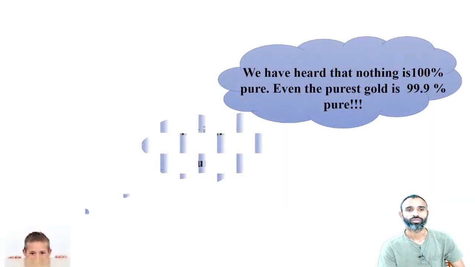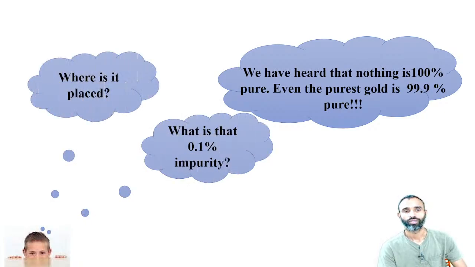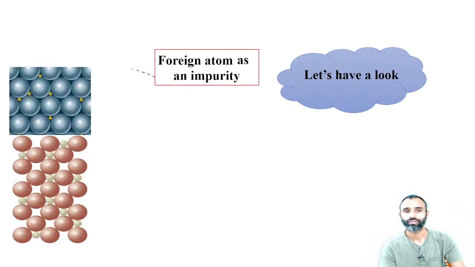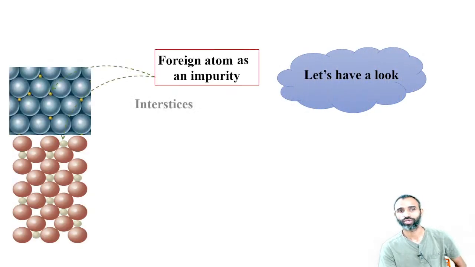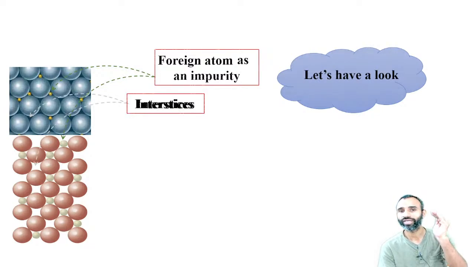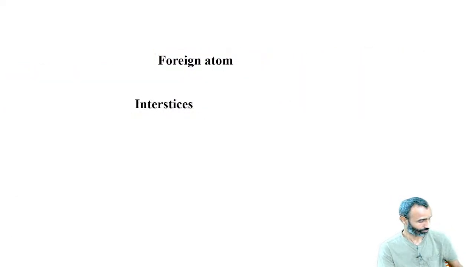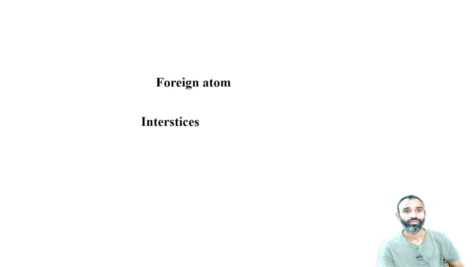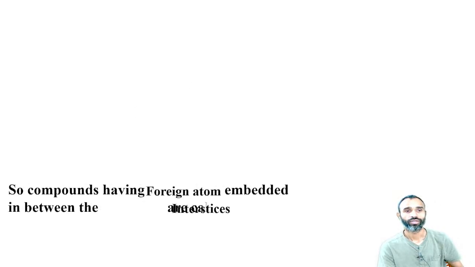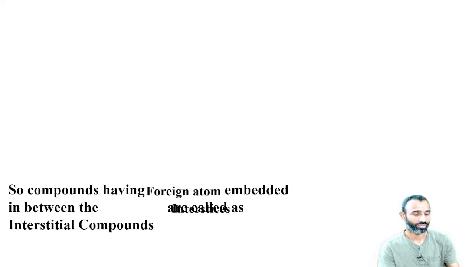Now formation of interstitial compounds. Nothing is 100% pure. Even the purest gold is 99.9% pure. So 0.1% is foreign atoms as impurities, and they occupy interstices. Compounds having foreign atoms embedded in between are called interstitial compounds.